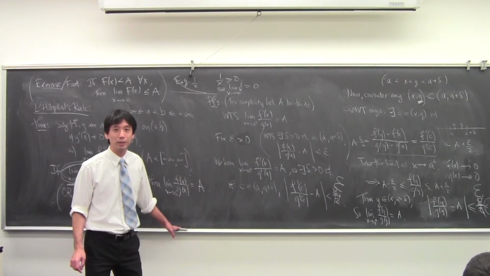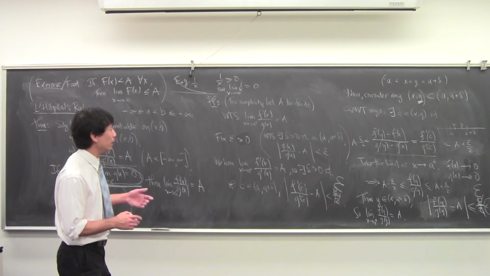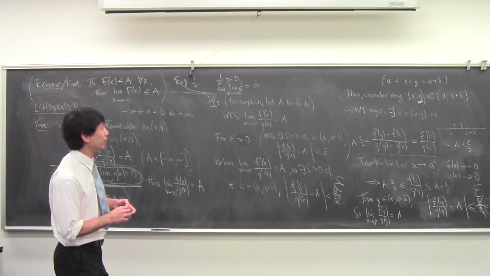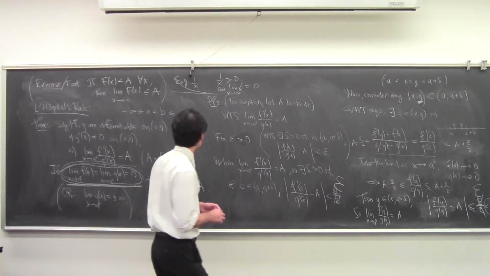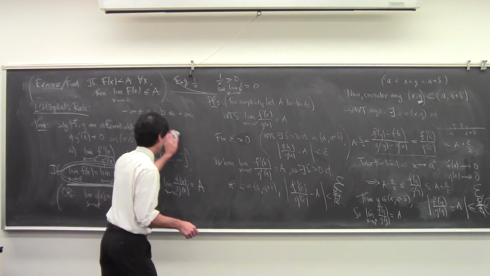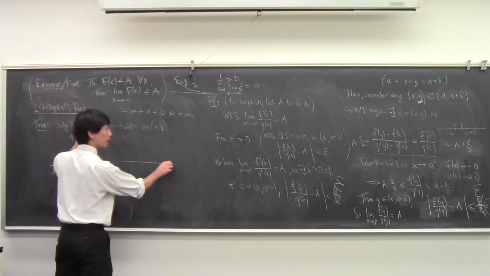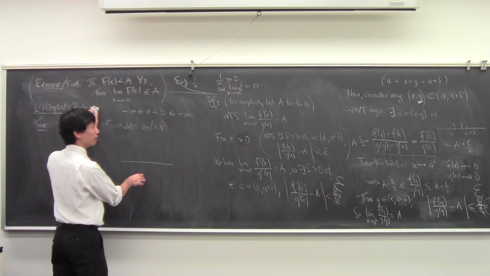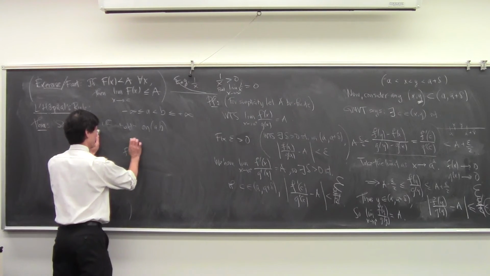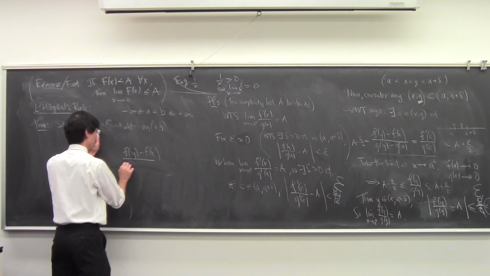Okay. Any questions? So you see that this is a pretty immediate consequence of the generalized mean value theorem. You have f of y minus f of x by the generalized mean value theorem.